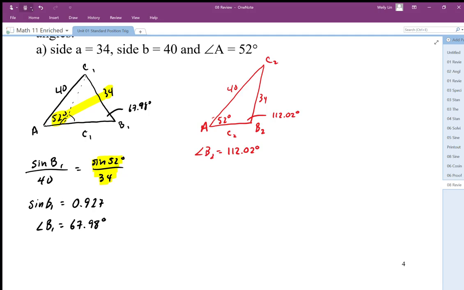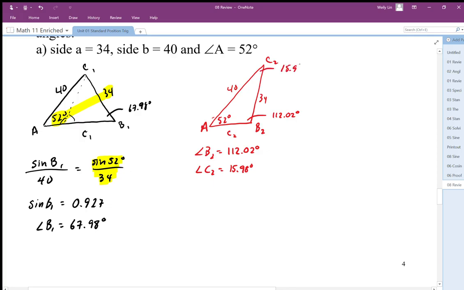Solving for angle C2, I'm going to subtract from 180. 180 minus 112.02 minus the 52 degrees that was given. I end up with 15.98 degrees. So now I've got the two angles that I need.